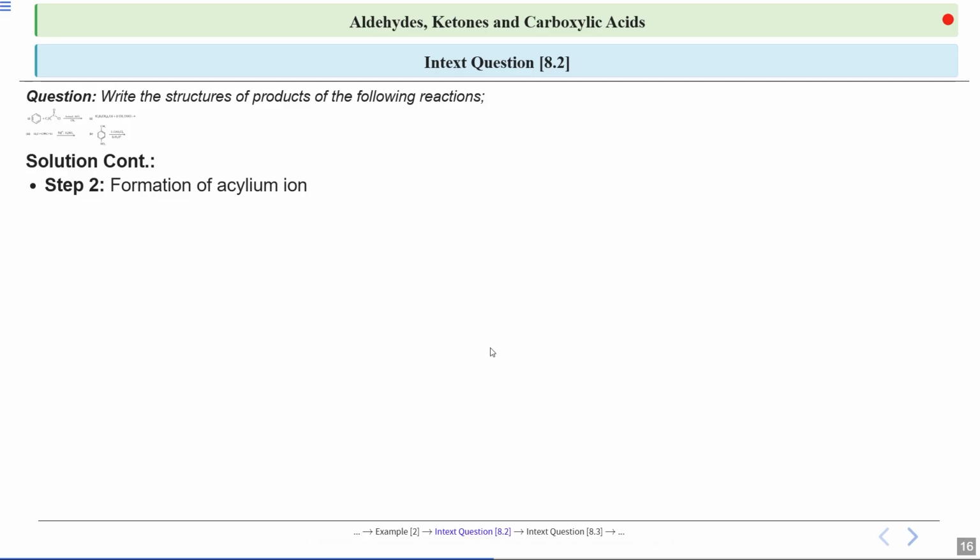Moving on to step 2. In step 2, we will see the formation of the acylium ion. This is the structure of the acylium ion. It is formed when the carbonyl group loses a leaving group, which is AlCl4 minus.